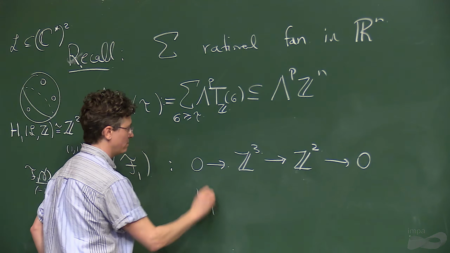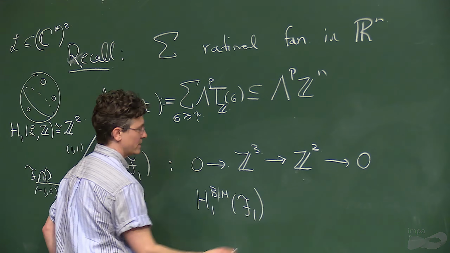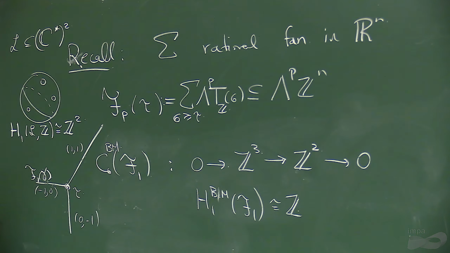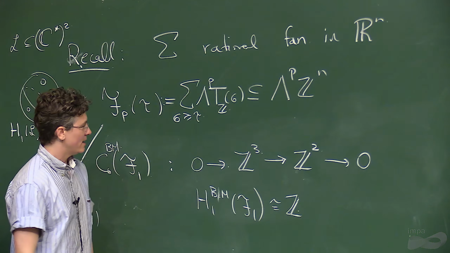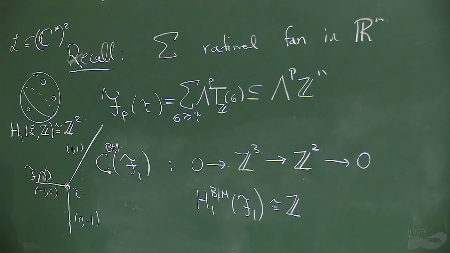So H1 BM of this F1 was isomorphic to Z. And we'll see that we can think of this as a fundamental class. And it's not too hard to see what's then remaining.